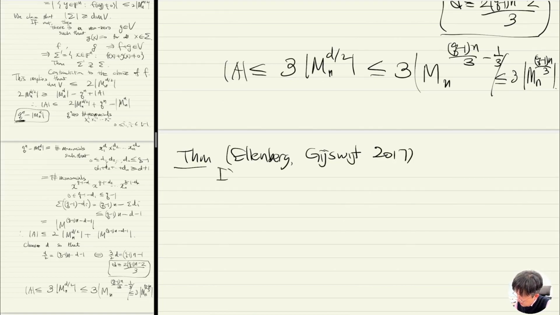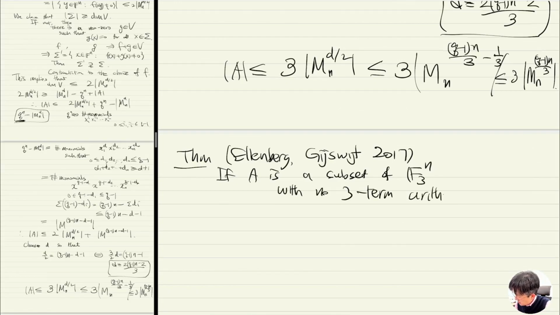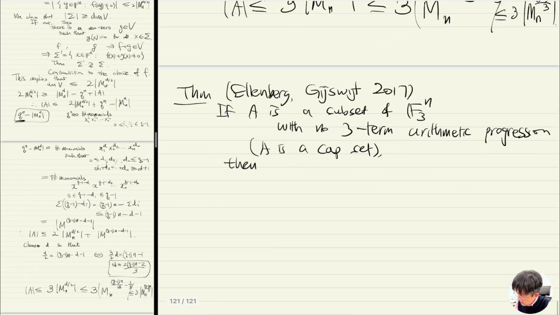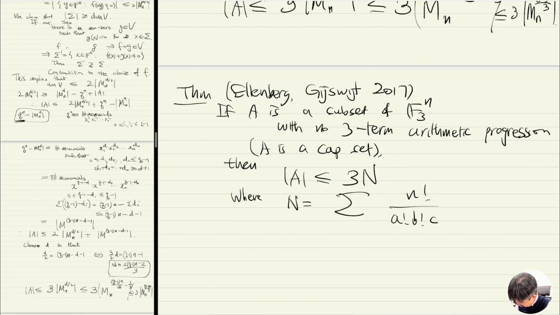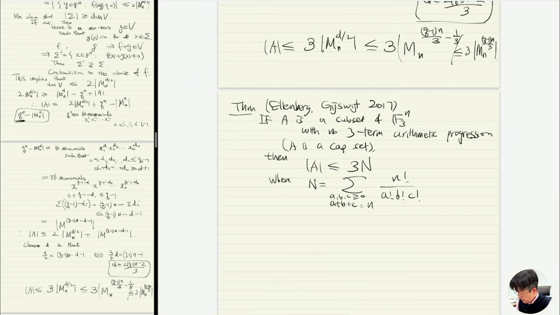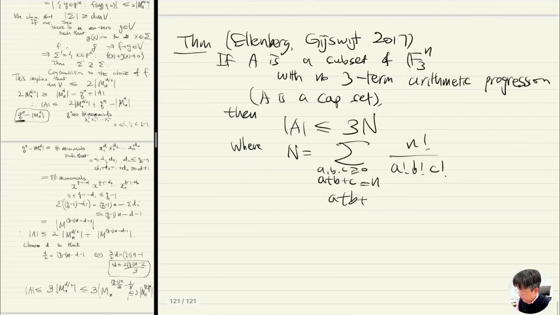So if A is a subset of F3 to the n with no 3-term arithmetic progression, so if A is a capset, then the size of A is less than or equal to 3 times N, where N is this gigantic sum of n factorial over a factorial b factorial c factorial, where a, b, c are non-negative, a plus b plus c is n, and b plus 2c is less than or equal to 2n over 3.